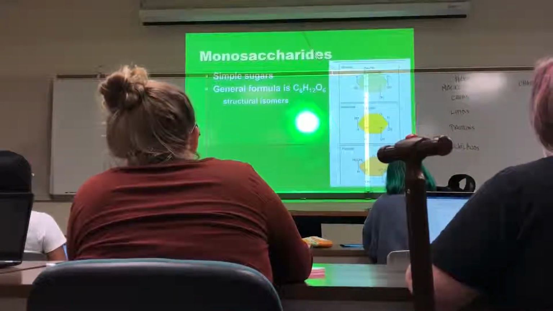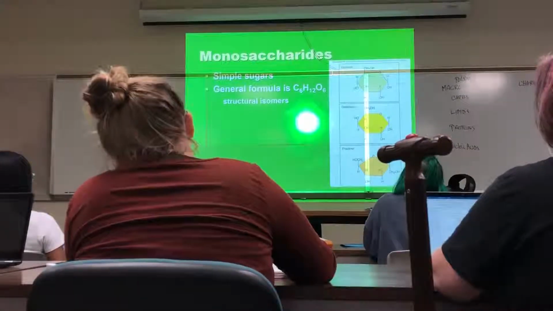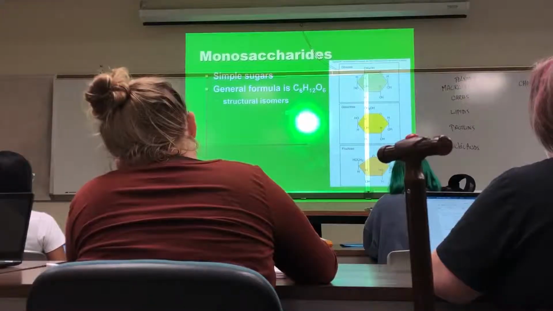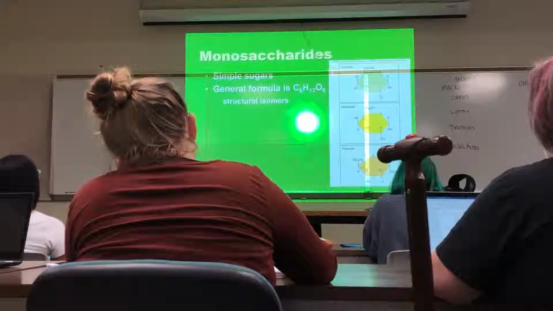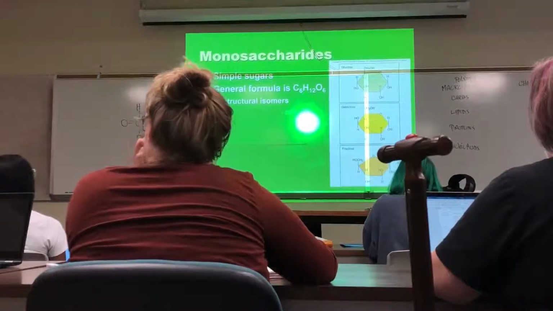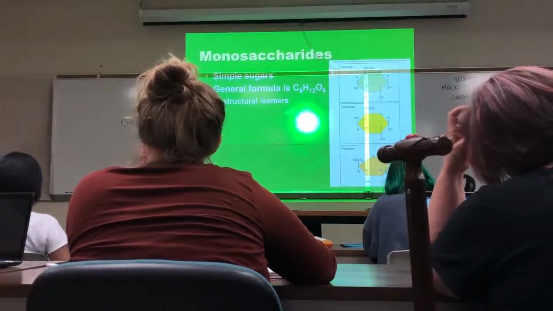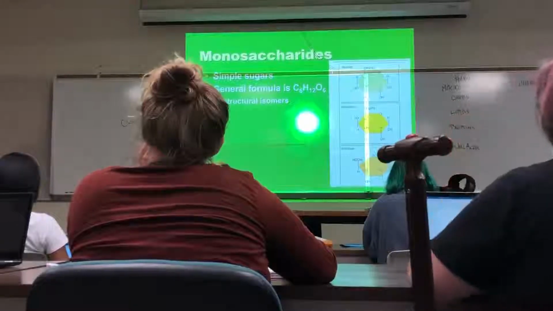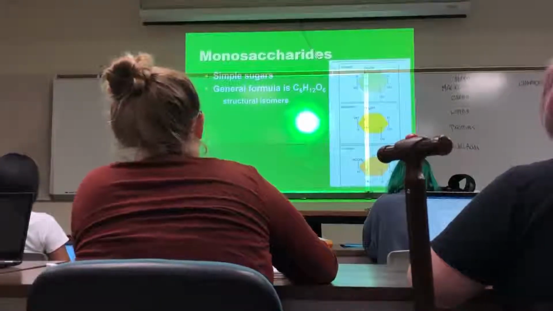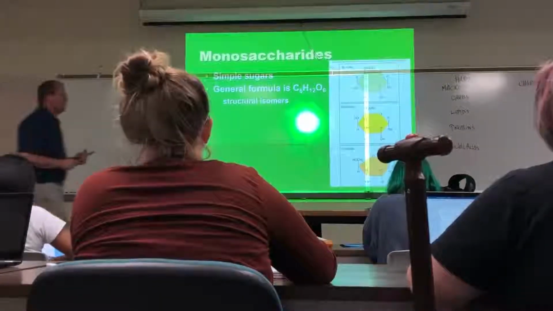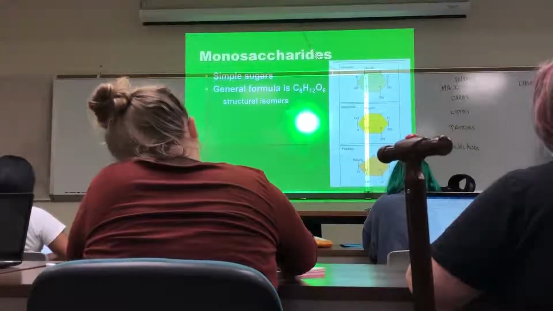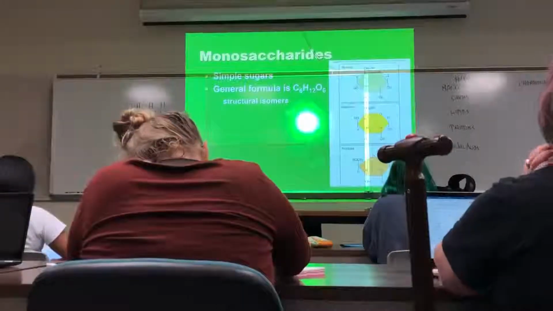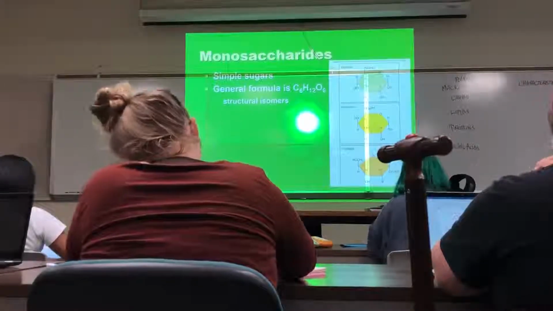Now, you do not have to study any of these pictures. You don't have to give me even any examples. So just breathe here. But I do want you to know that simple sugars are the building blocks for polysaccharides. So if you want to go all the way over here, you can say that the monomer is a monosaccharide.